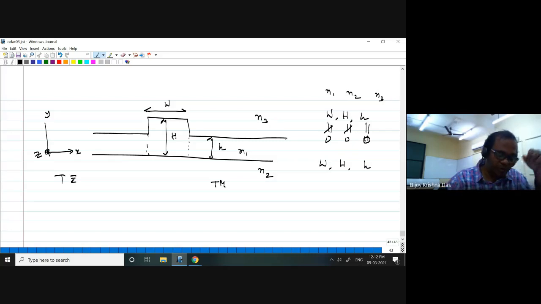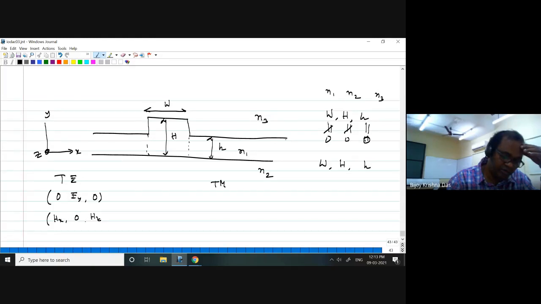So normally in 1D optical waveguide, we have seen one consideration: for TE polarization we have used 0, Ey, and 0, the y component, and on the magnetic side Hx, 0, and Hz.